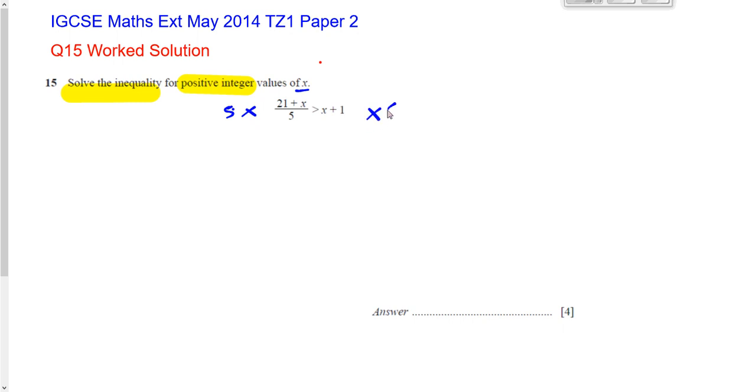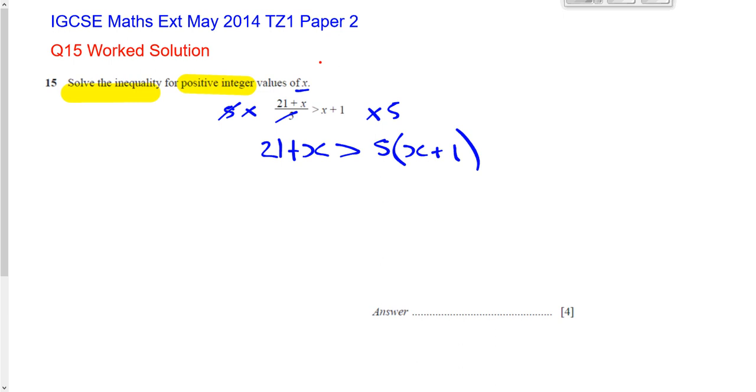So I'm going to multiply the other side by 5 too. So I've multiplied both sides by 5, so these two will cancel, and I'll have 21 plus x is greater than 5 times x plus 1.